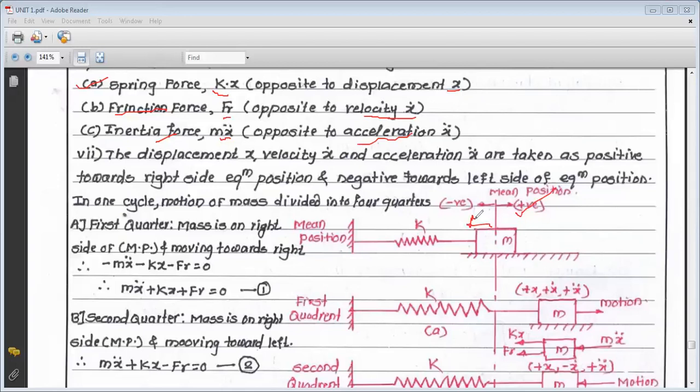Now in one cycle, the motion of the mass can be divided into 4 quarters.